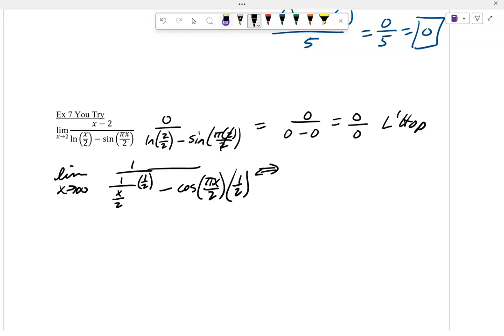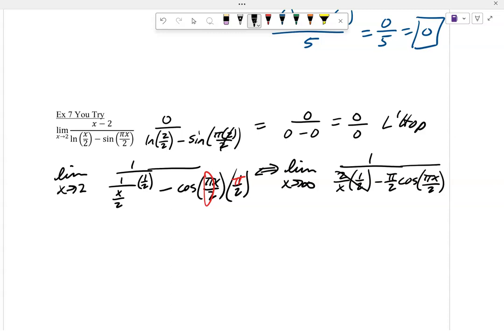And so we've got the limit as x, oops, that's a 2 right there. 1 over x over 2, so that's 2 over x times that 1/2 minus, oh, my apologies, the chain rule on that is times pi halves right there, cosine pi x over 2. Gosh, I keep wanting to write infinity there.